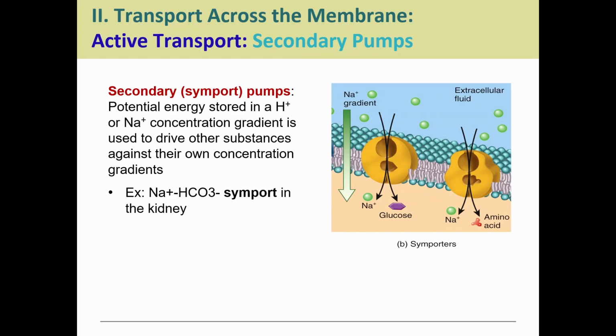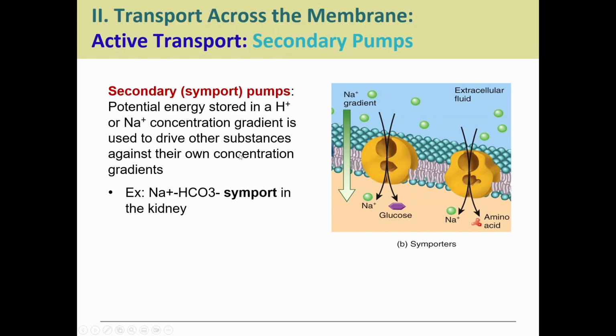We artificially create a high sodium gradient outside the cell, like with a sodium-potassium pump. It wants to move back inside the cell from high to low. Glucose is high on the inside, low on the outside, but we want to bring more glucose in. We basically pair the glucose and the sodium together so that as sodium moves from high to low, glucose kind of comes along with it, going from low to high.